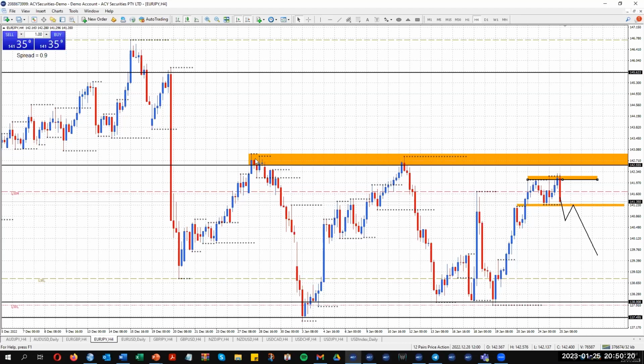This is a resistance up here that I'll be watching to sell down from. This is a resistance that I'll be watching to sell down from. It's all the same thing, but you can color coordinate it if you want to.